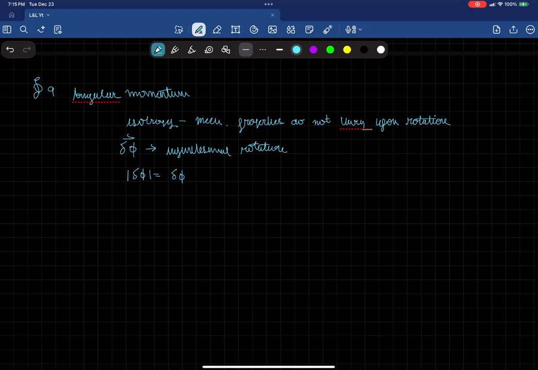So if we have our system, I'm going to note this as the vector del phi. This will be our radial vector, r. And here we have our new position upon taking the cross product, where r moves to.